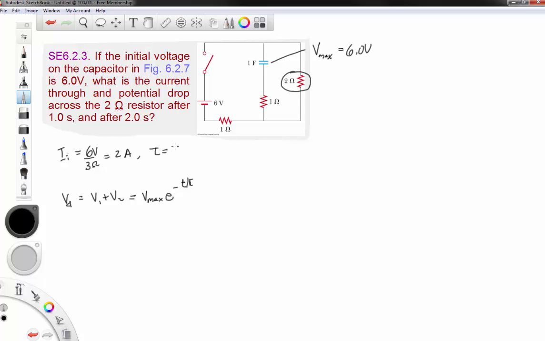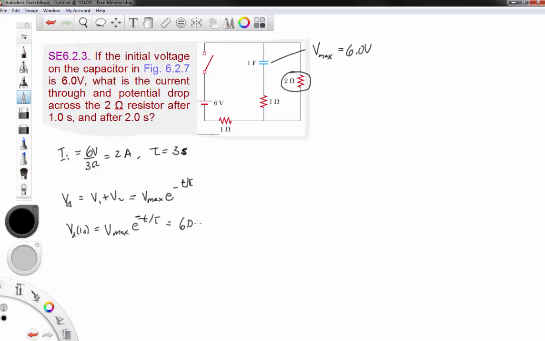Again, we found that tau is 3 seconds. So basically we now can plug in some numbers here. V at 1 second is going to be V max, or 6 volts, times e to the negative t, in other words 1 second, divided by tau.